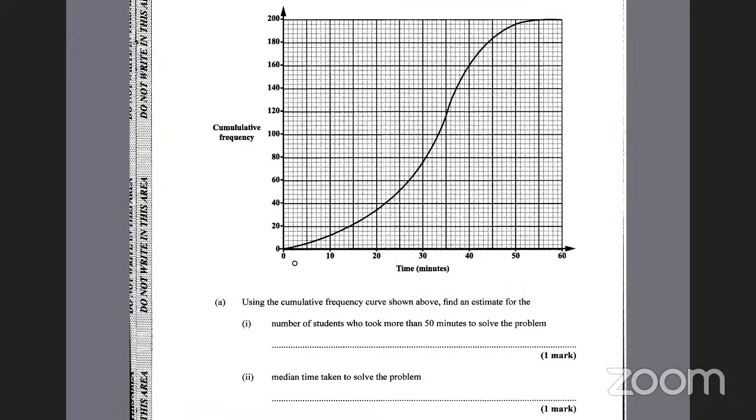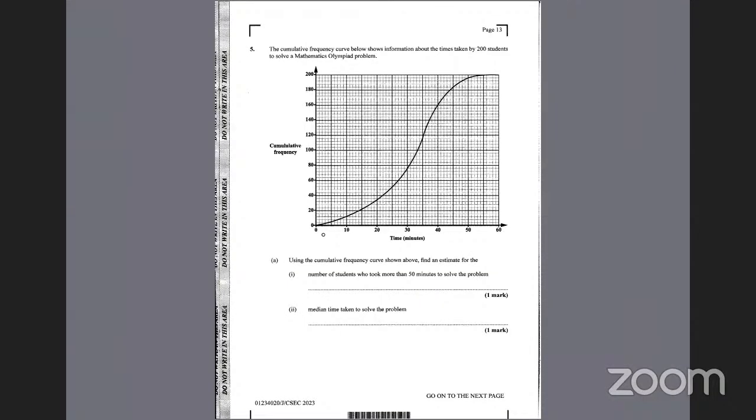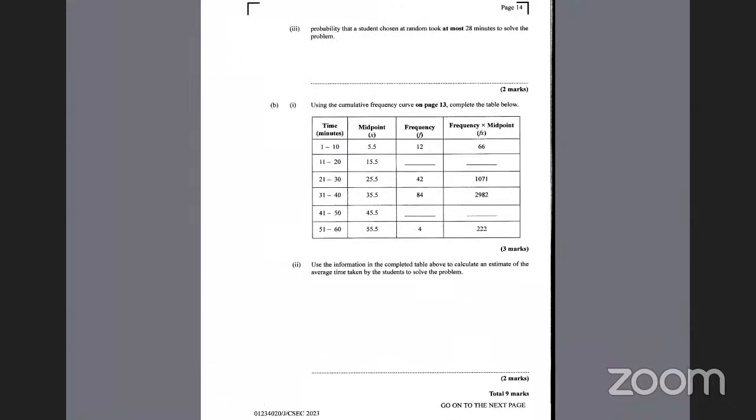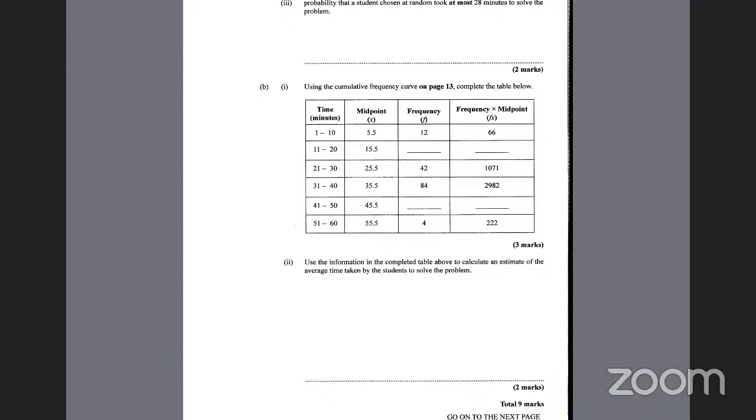What value was that? It's for 20. 20 is a cumulative and 50 cumulative.